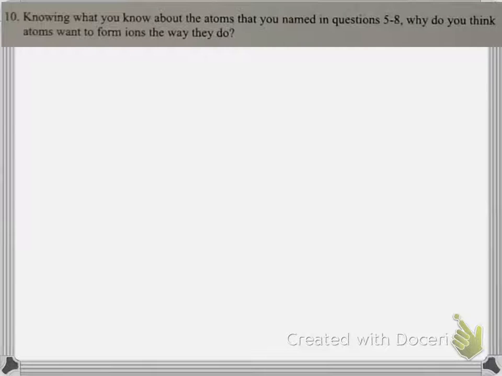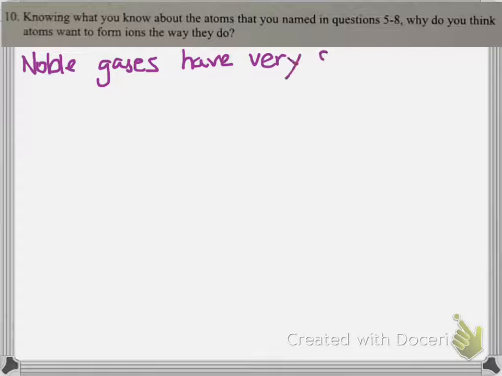Number 10, knowing what you know about the atoms that you named in questions 5 through 8, why do you think atoms want to form ions the way they do? Remember, we've talked about the fact that the noble gases have very stable electron configurations.